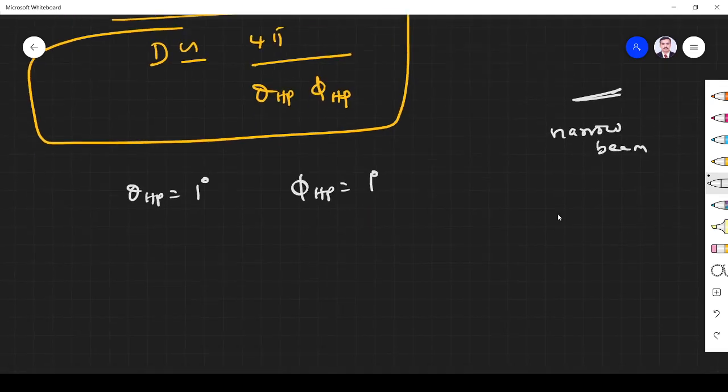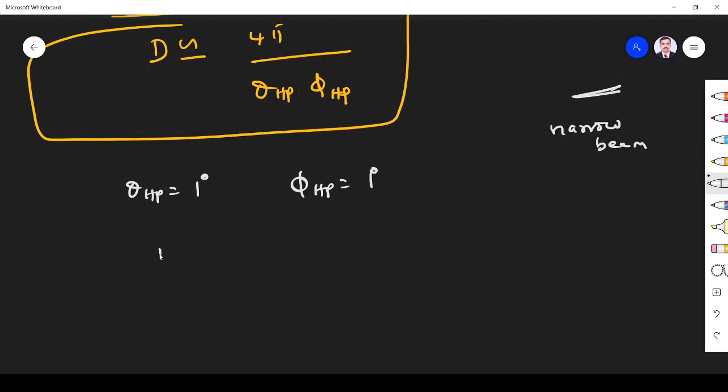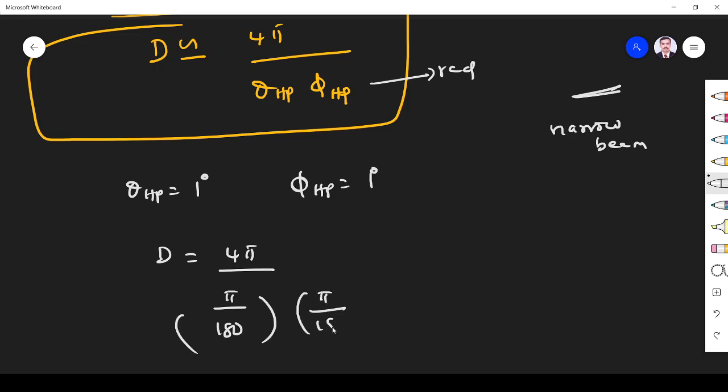So what is the directivity for this antenna? The directivity is given by 4 pi divided by theta hp phi hp, both in radians. 1 degree is nothing but pi by 180 radian, and this is also pi by 180 radian.